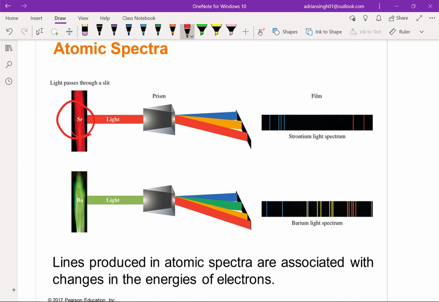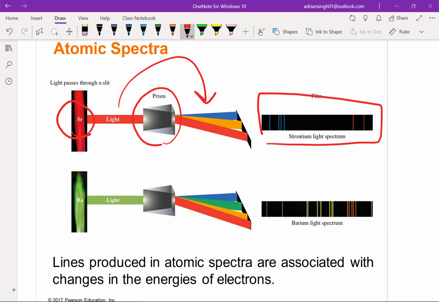As we heat it up, the atoms in that sample become what is known as excited, and they give off light. And if we pass that light through a prism, it actually breaks that light down into its component colors that we can then see as a spectrum for strontium, Sr.